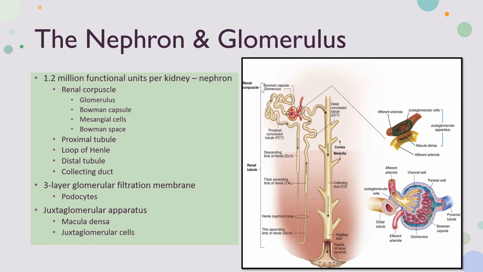The juxtaglomerular apparatus is a highly specialized grouping of cells that work together to regulate renal blood flow and systemic blood pressure. The macula densa cells sense sodium levels in the blood, while the juxtaglomerular cells secrete renin in response to the detected sodium levels.